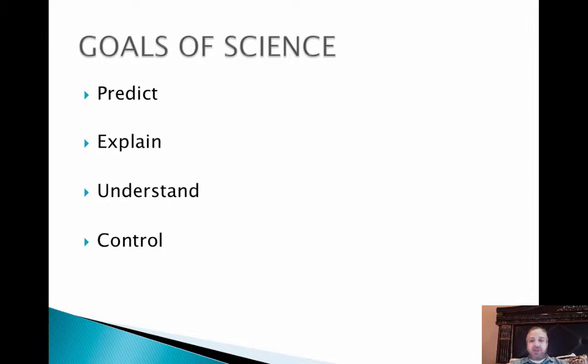Speaking of the goals of science and prediction, there are several goals of science and the scientific method. One of them is prediction, as I mentioned. We want to predict stuff, and part of the reason why we want to predict stuff is so that we can control things. So prediction and control are sort of related, and explaining and understanding are also kind of related.